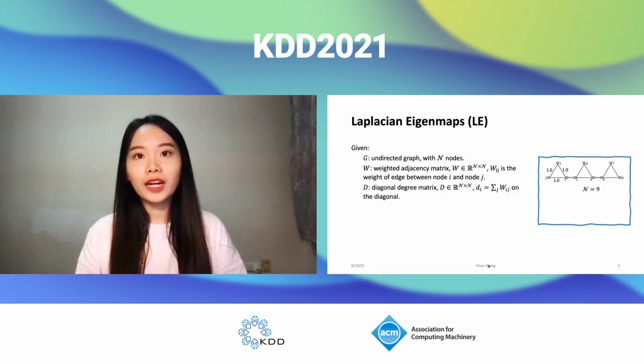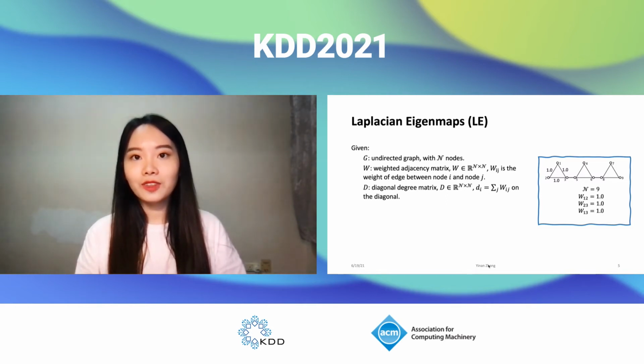Given an undirected graph G with n nodes and non-negative edge weights, we use W to denote the adjacency matrix, where Wij refers to the edge weight between node i and node j. We use D to denote its diagonal degree matrix. The degree Di is defined as the sum of edge weights of node i.